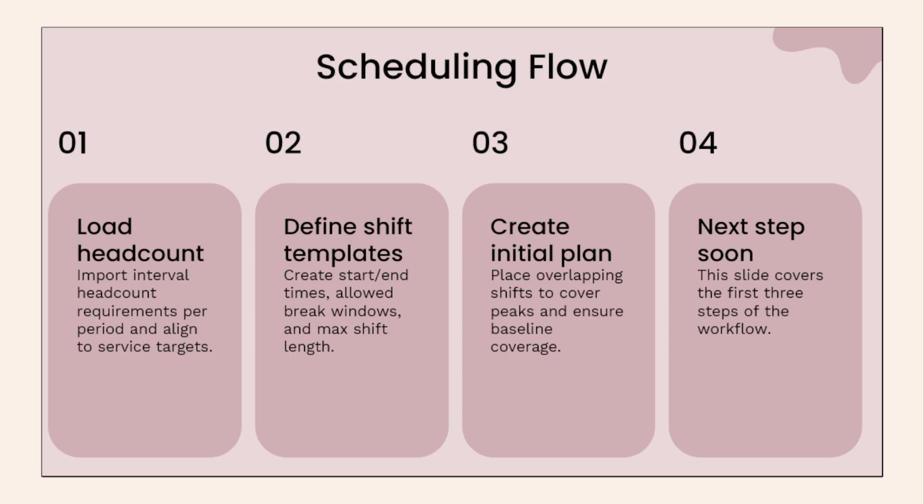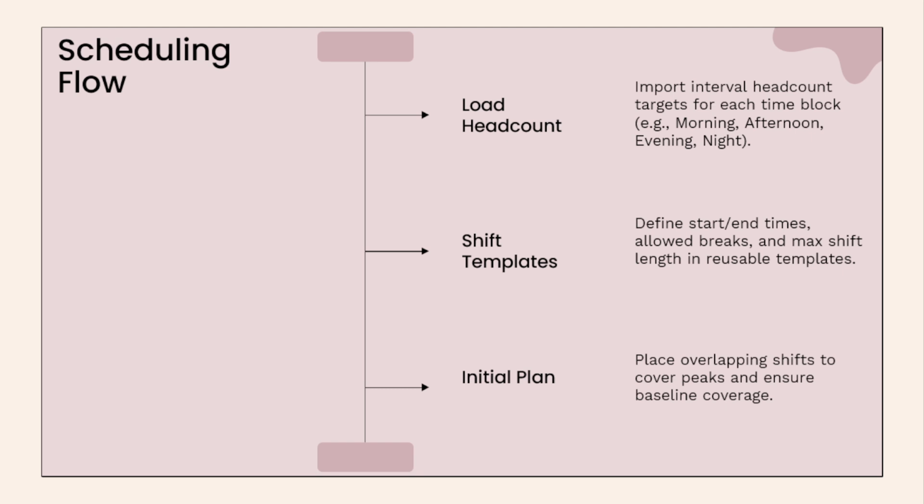Okay, so these are the first three steps that we do. Scheduling flow means first we will load head count, that I already told you. We will load head count, meaning how many people are required in my morning shift, afternoon shift, evening shift, night shift, and interval wise, 6 p.m. interval, 6:30 interval.